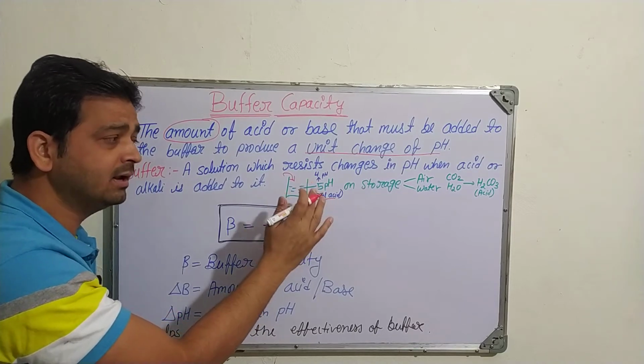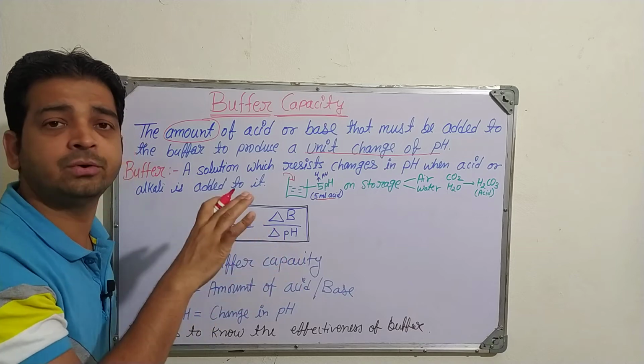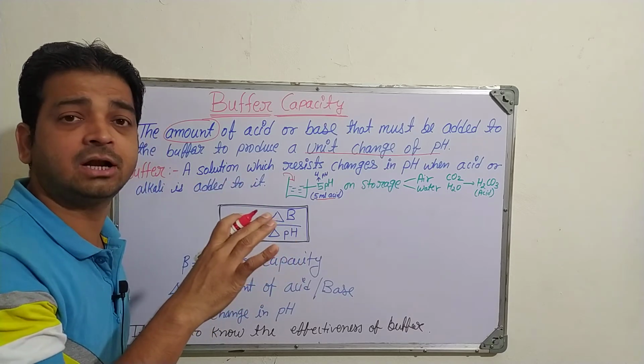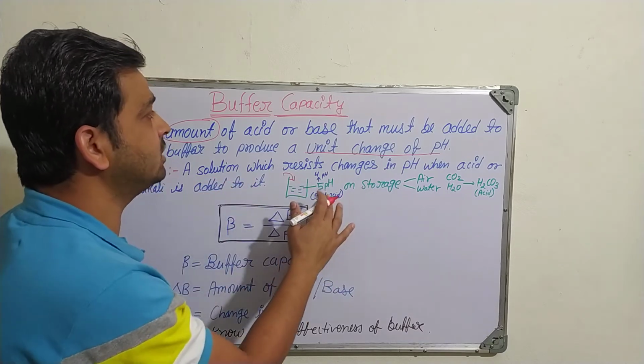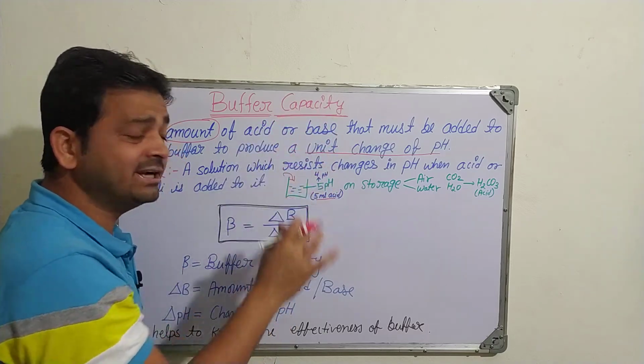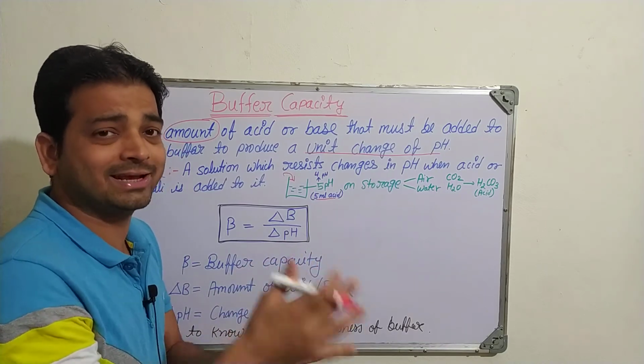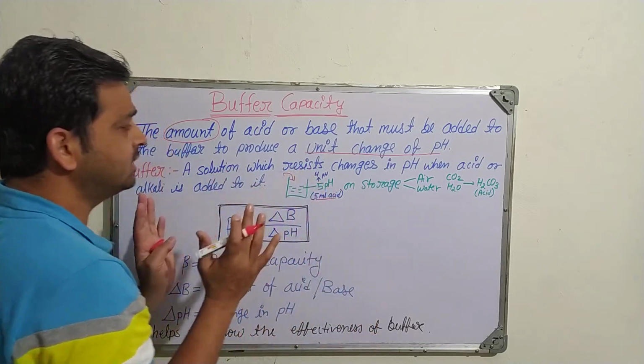Up to 5 ml the buffer maintains the pH and it does not change. That is called buffer capacity. The particular buffer we have added can tolerate that much acid, whenever it is produced by some source.